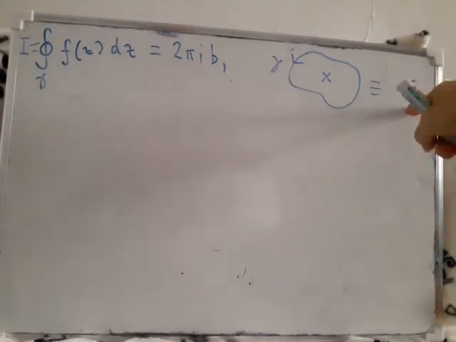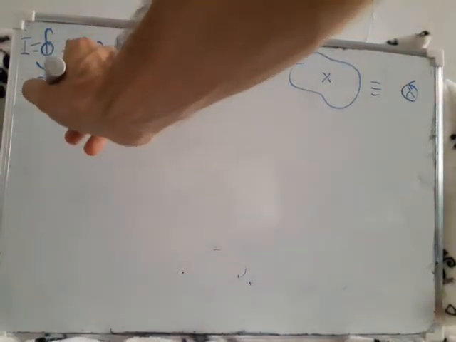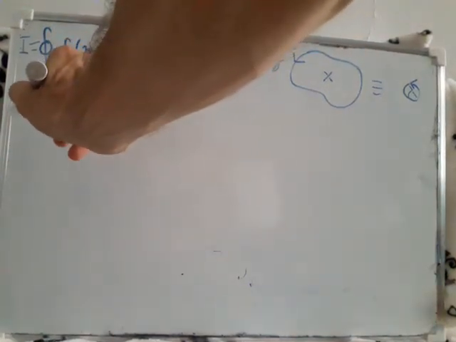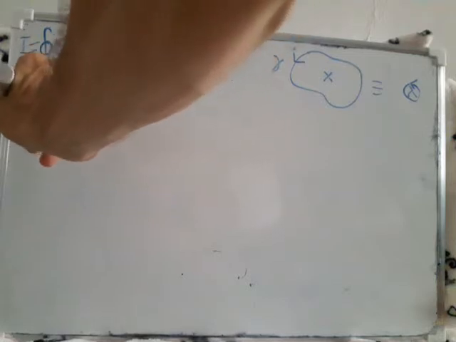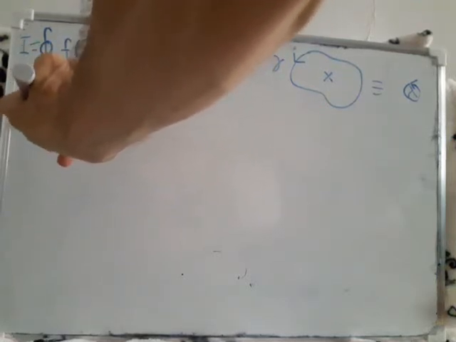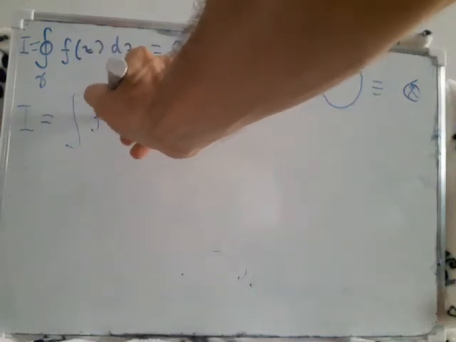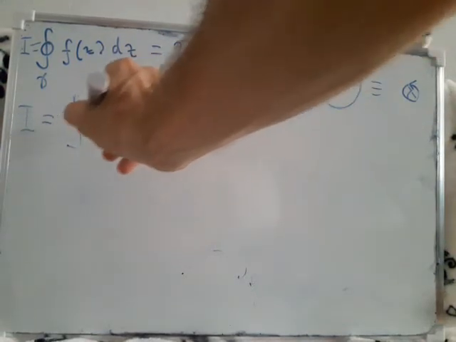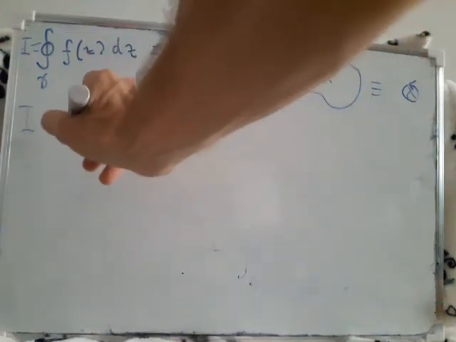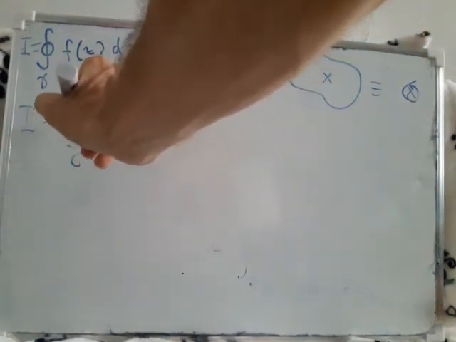So next I want to evaluate this integral. This integral is going to be the integral of f of z dz around the little circle which I called C before.